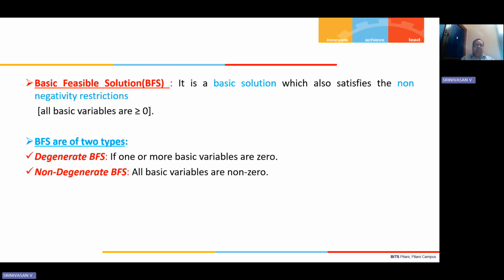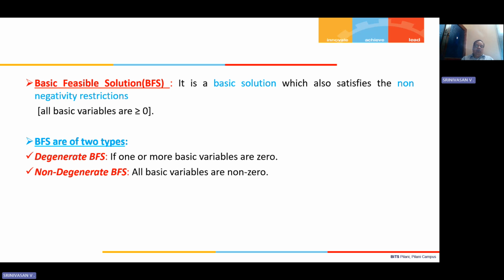Now, basic feasible solution, BFS. It's a basic solution which also satisfies the non-negativity restriction. That is, all the basic variables are greater than or equal to 0. That is very important. You find a basic solution, and the solution you have satisfies all the constraints, so it becomes feasible.